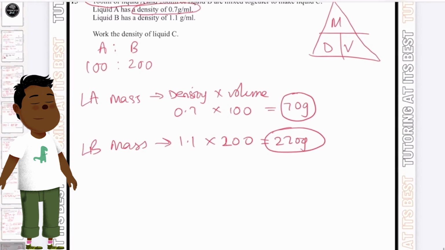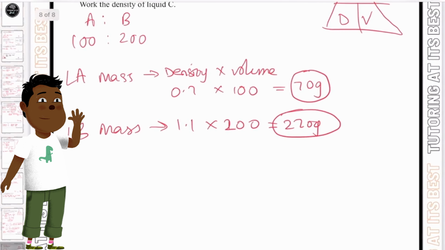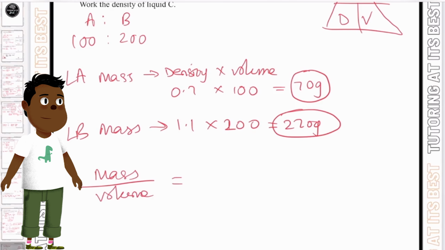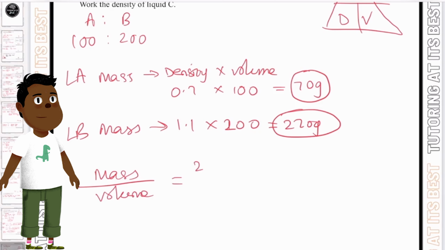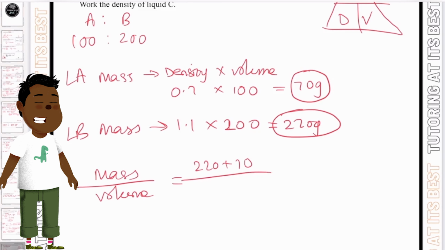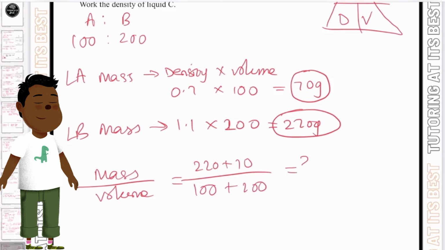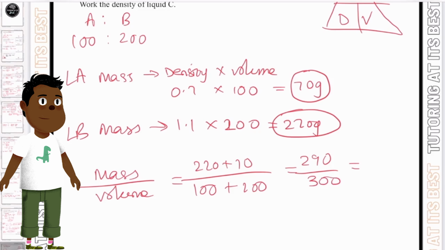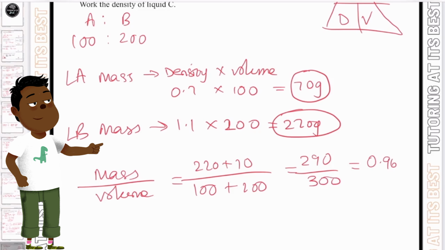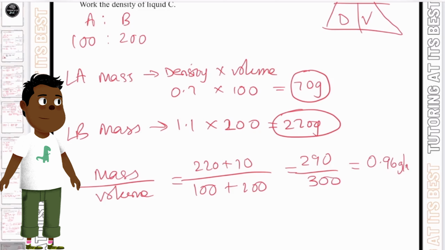So now we need to calculate the density of liquid C, which will then be our total mass, which is 220 plus 70, divided by our total volume, which is going to be 100 plus 200, and that gives us 290 over 300. And if we put that into the calculator, that will then give us 0.96 grams per milliliter.